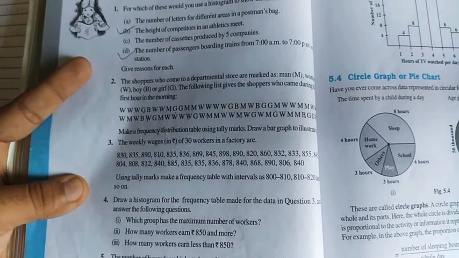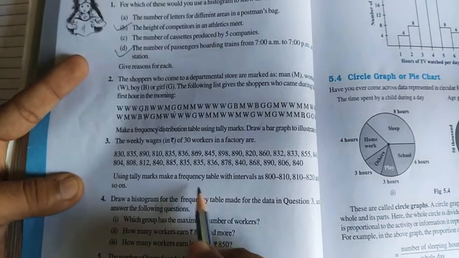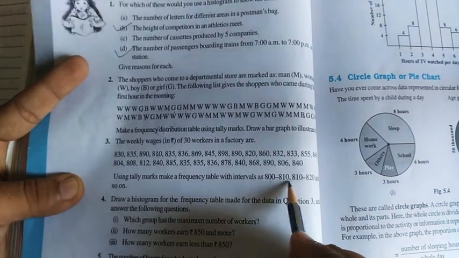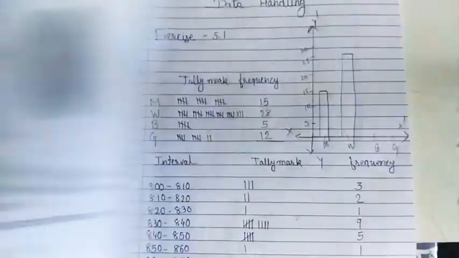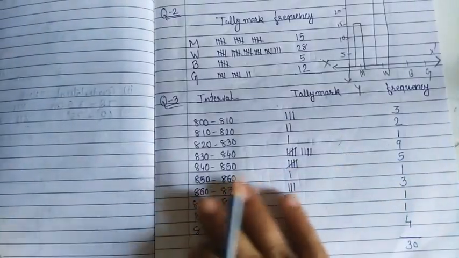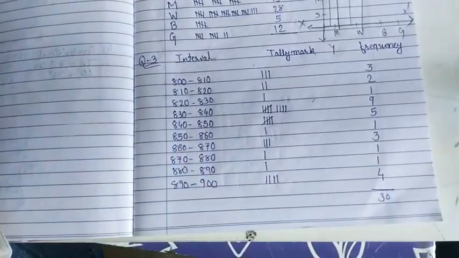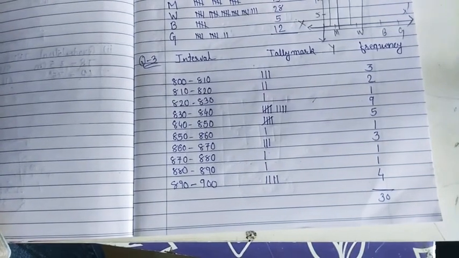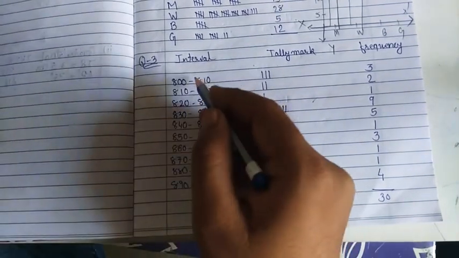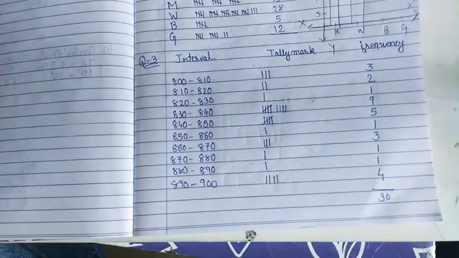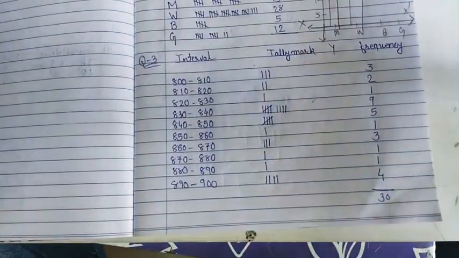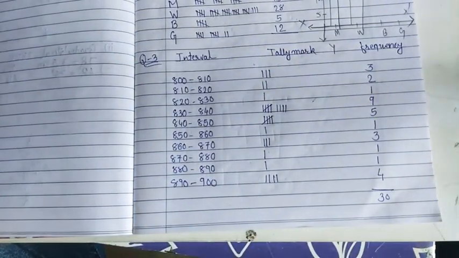Okay, so we will see, and the note given says to use the frequency intervals 800 to 810, 810 to 820, like this. Okay, so here the graph is ready. I draw the frequency table 800 to 810, 810 to 820. First of all you have to write down all this. Now let me start how to draw the frequency, how to start the tally marks.